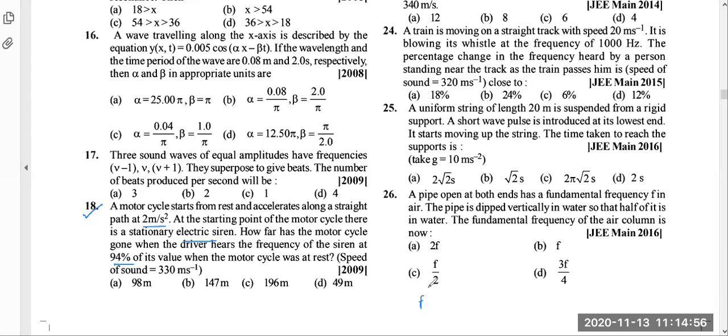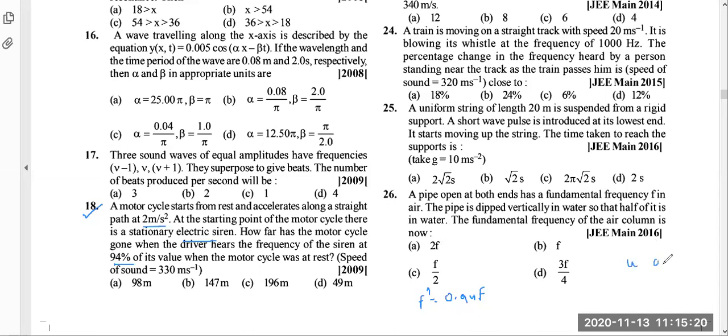Now think about it. It is given that f dash is equal to 0.94 of f, and it is saying that the frequency is decreasing, so I can say that the observer is moving away.